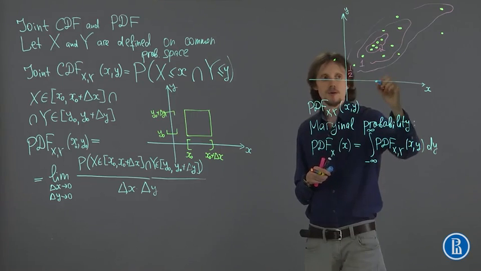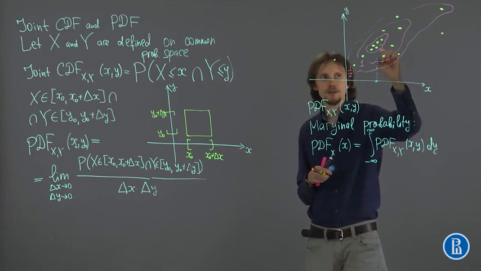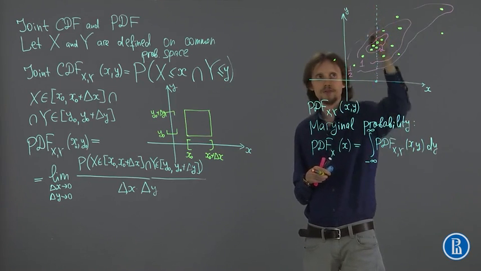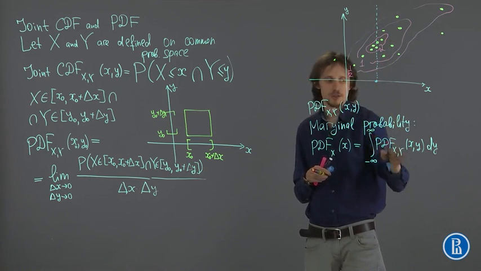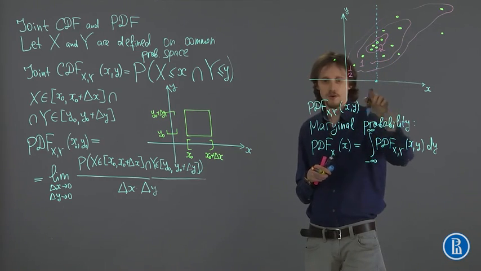In this case, we have to draw a straight line like this, and over this straight line our joint probability is a function of one variable, y. The integral of this function gives you the value of probability density function of x at this point.